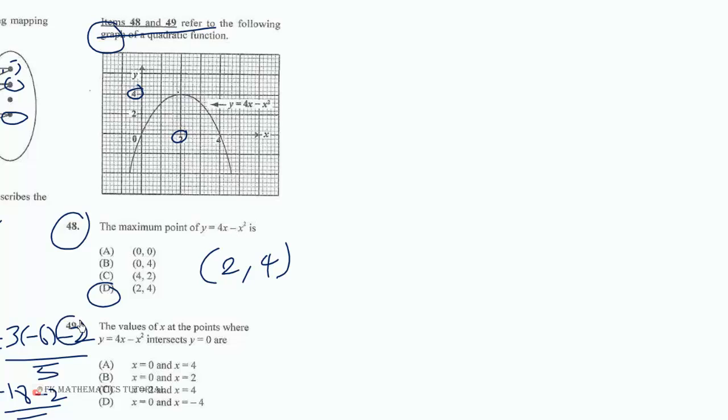Item 49, the value of x at the point where y equals 4x minus x squared intersects y equals 0. So y equals 0 is the x-axis. The points where the curve intersects the x-axis are this point here, which is the origin, and at the origin x is equal to 0.